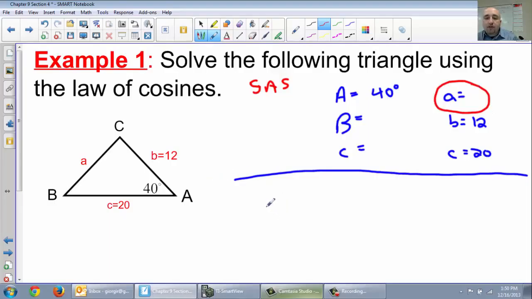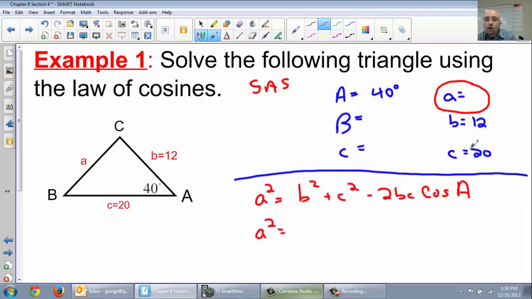So we're going to use the formula that started with little a squared. And then we finish this off with b squared plus c squared minus 2bc cosine of whatever letter's on the left. That's the angle that we're going to use on the right. And if you notice, the only angle we have is A, so that's why we're using angle A. So basically all we're going to do is plug in everything that we know.